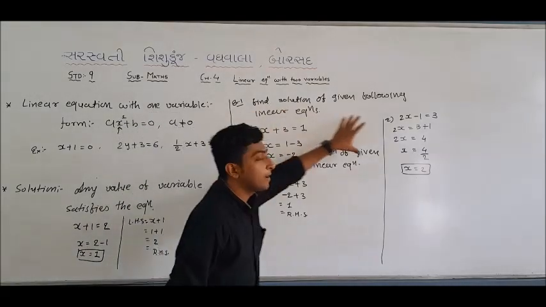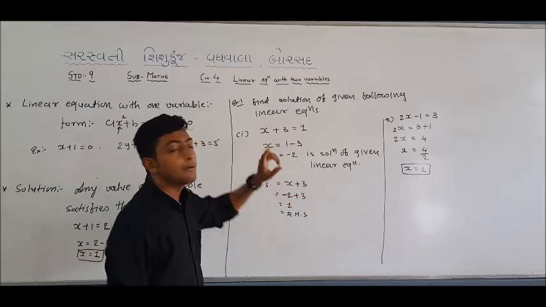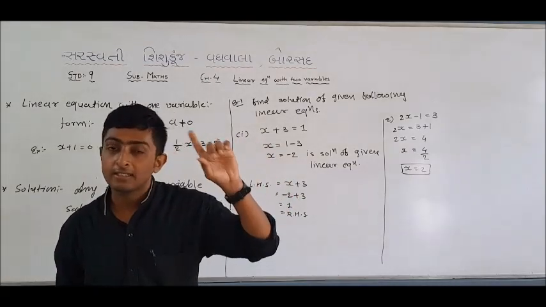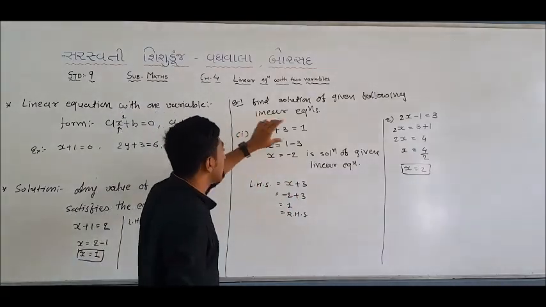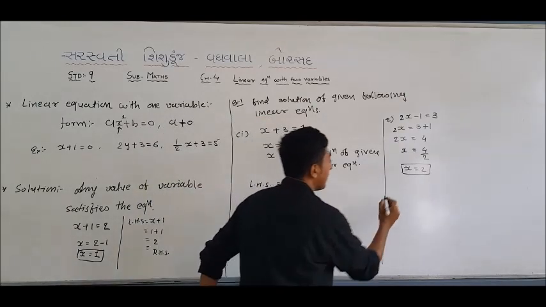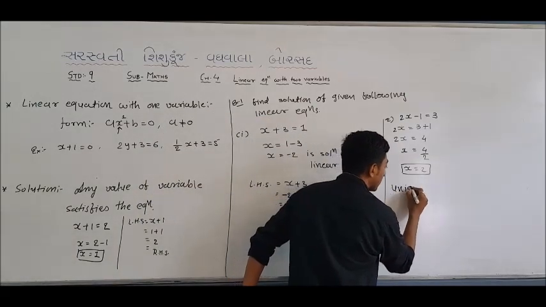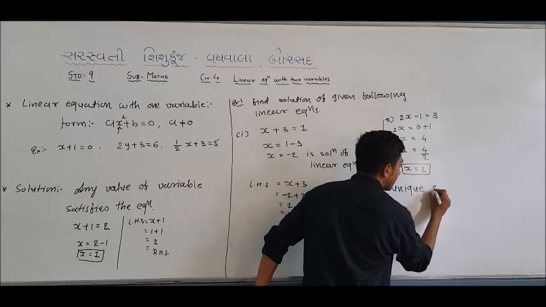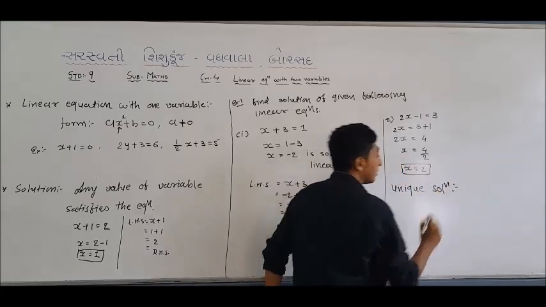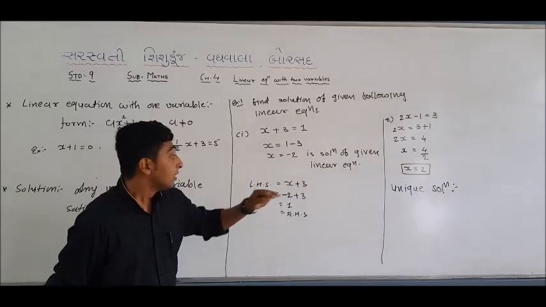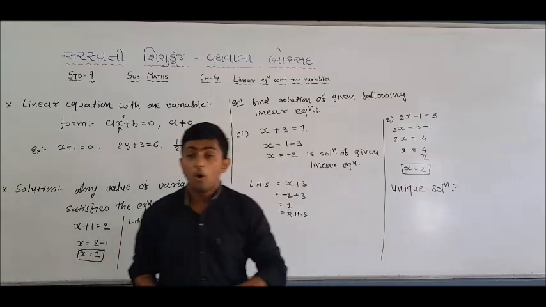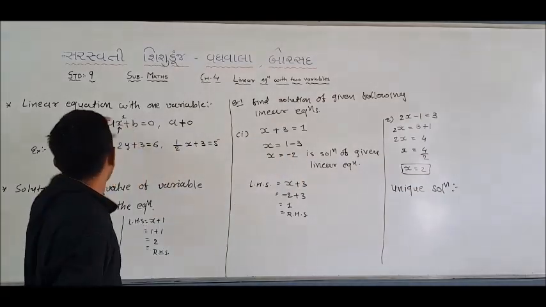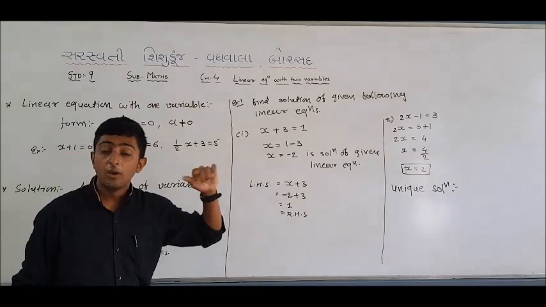See, these examples are only linear equations with one variable. Friends, remember, a linear equation with one variable has a unique solution. A unique solution we get only when we have a linear equation with one variable.